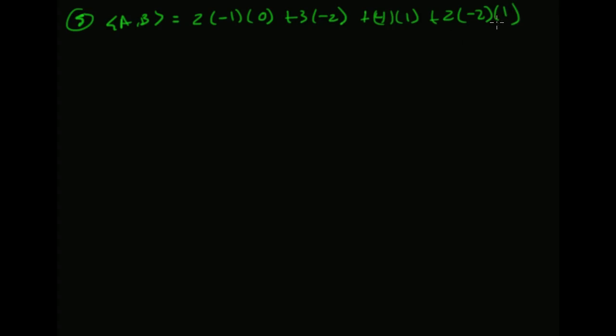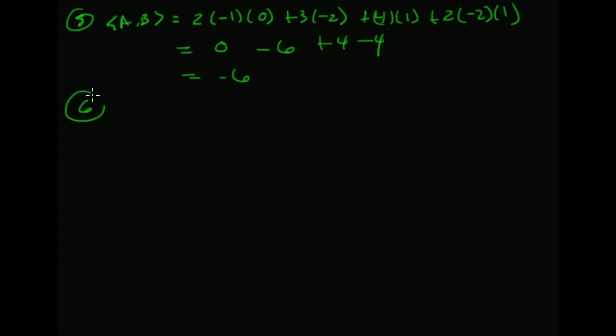Number 5 is taking the inner product of two matrices. This is going to give me 2 times negative 1 times 0 plus 3 times negative 2 plus 4 times 1 plus 2 times negative 2 times 1. So it's 0 minus 6 plus 4 minus 4, which gives me negative 6.